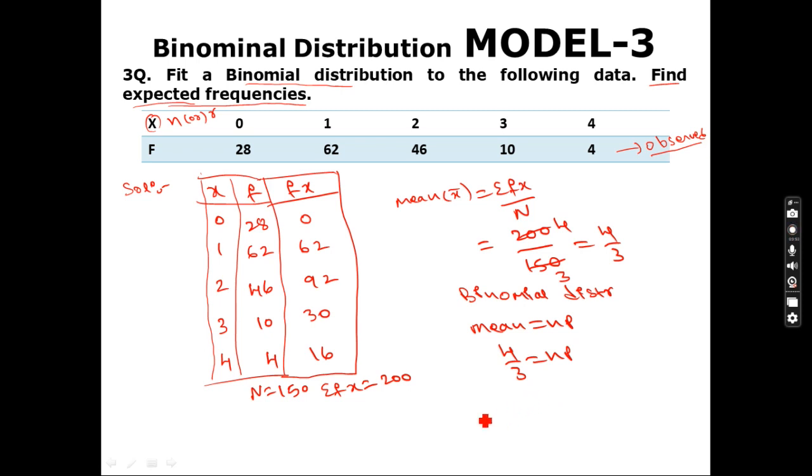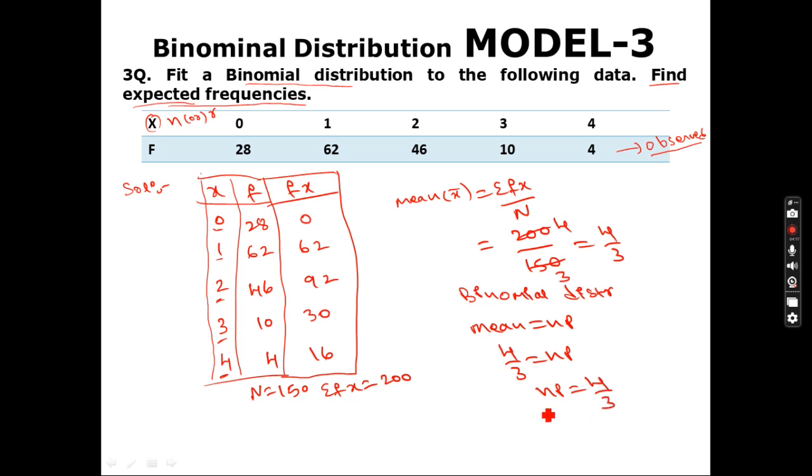So the mean is clear. Next, what does n mean in the given problem? 0 means zero successes, then 1 success, 2 successes, 3 successes, and the maximum is 4 successes. So as per the given problem, n is 4. Take np equal to 4 by 3.